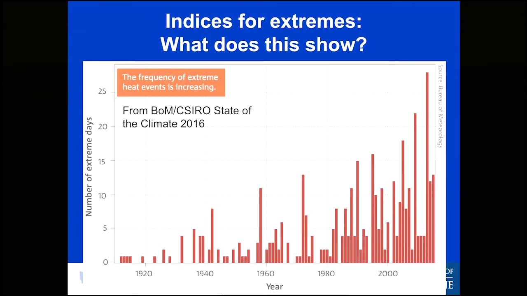And then calculates the number of days above the 99th percentile for the whole period. So it uses a threshold based on the whole period, the 99th percentile of Australian area average temperature. So how many days on average would you expect to exceed the 99th percentile?